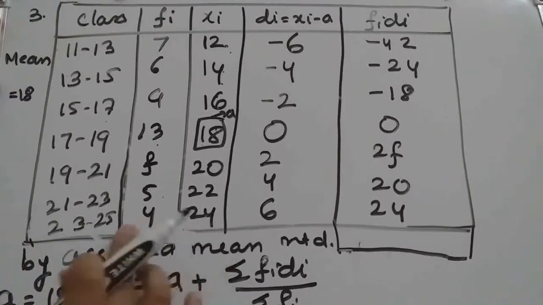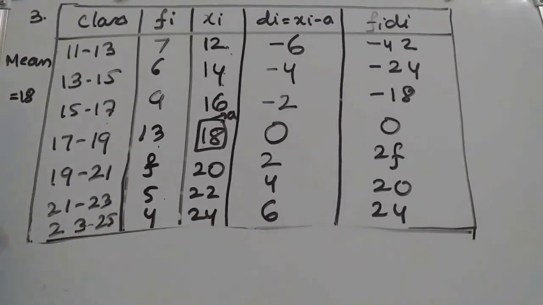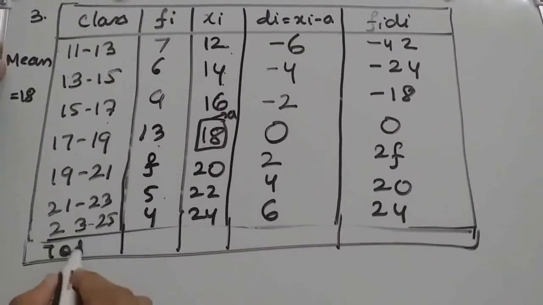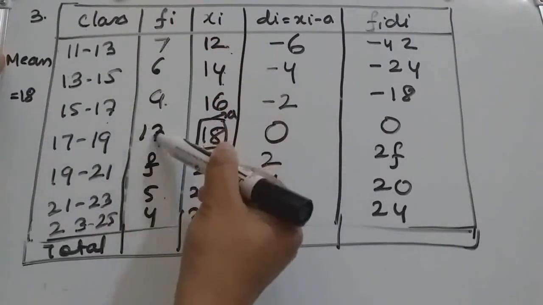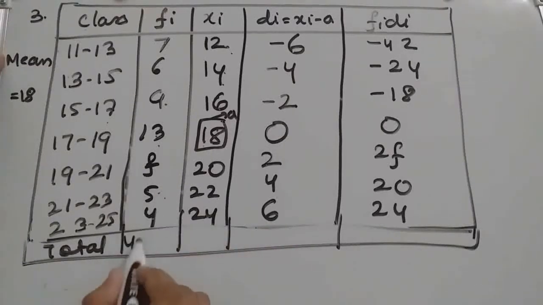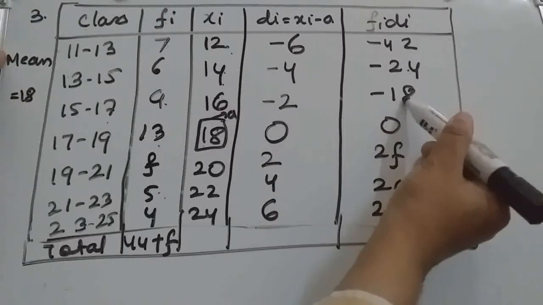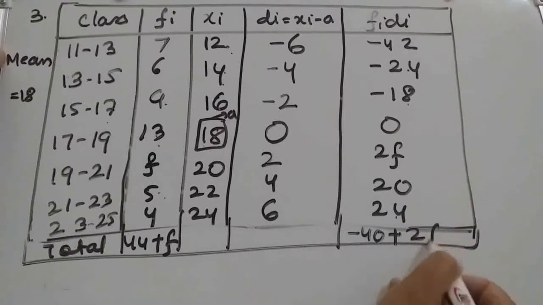So we will add one row here, total. For this we should find the total. So it will be 22, 35, 40, 44 plus F. And for Fi di, 24 minus 24 will go, 20 minus 18 means 2, minus 42 plus 2 means minus 40, plus 2F will come.